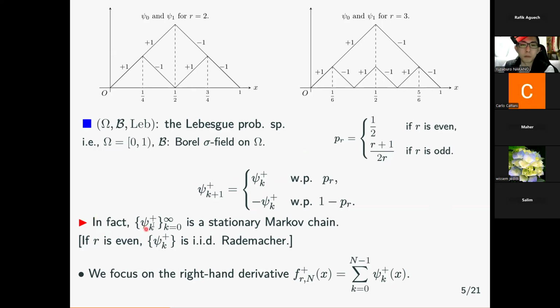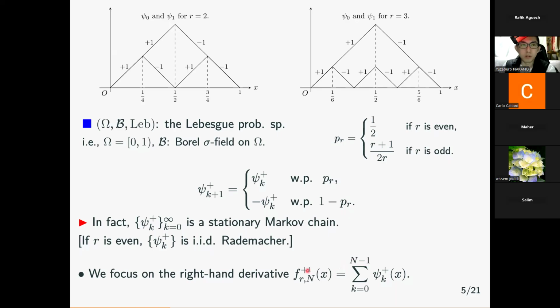In fact, the sequence of psi_k plus is a stationary Markov chain on this Lebesgue probability space. And if r is even, p_r is 1/2, then the psi_k plus are random variables taking values ±1.